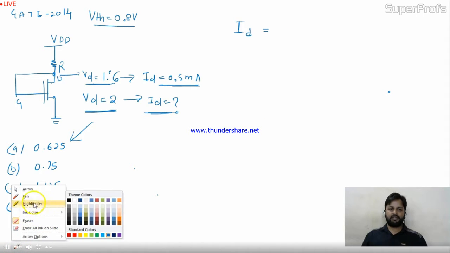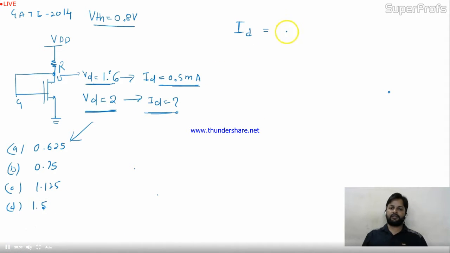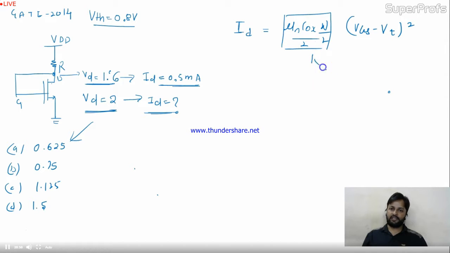Your current will be mu n COX W by L by 2 times VGS minus VT whole square. Let's take this entire thing as constant K dash. So ID is nothing but K dash times VGS minus VT whole square.